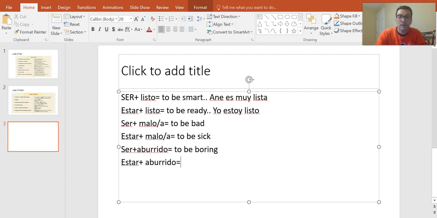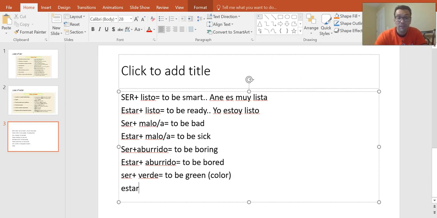Ser plus the color green, verde, means the color, to be green. The color, right? But if I put estar plus verde, this is when you're talking about fruit. It means when something is not right.